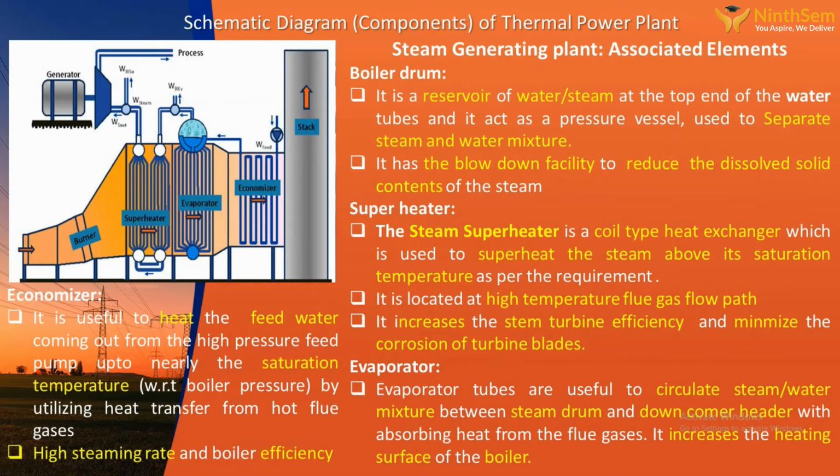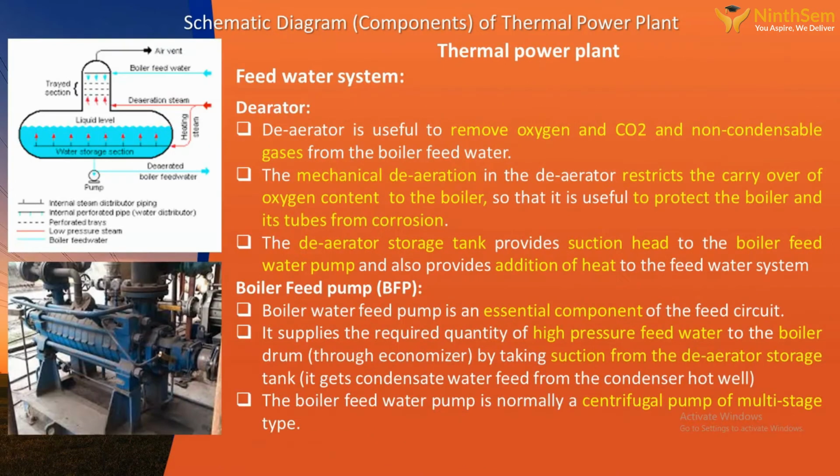The next one we discussed was the boiler drum and boiler associated elements, that is, boiler drum, superheater, evaporator, economizer. In the last part of the last session, we discussed the deaerator and the boiler feed water pump.